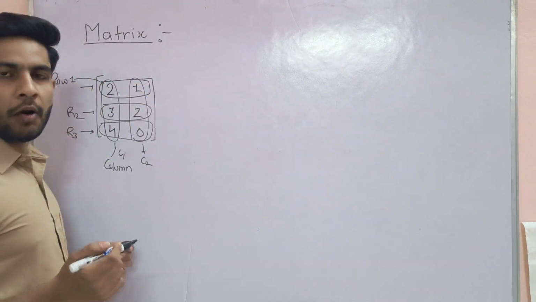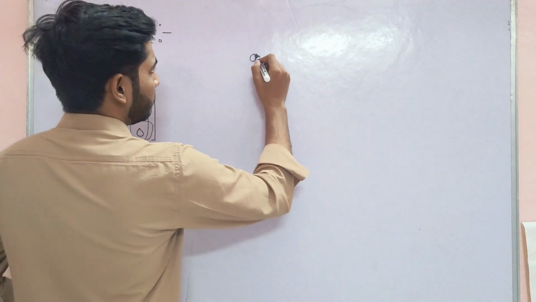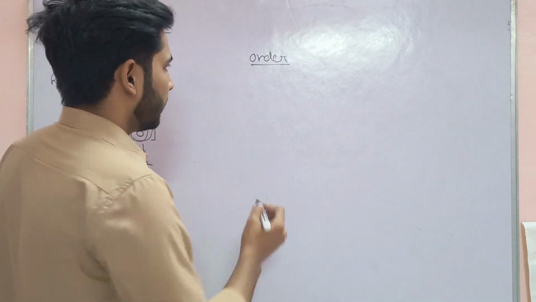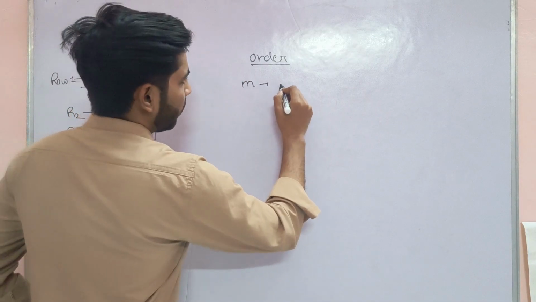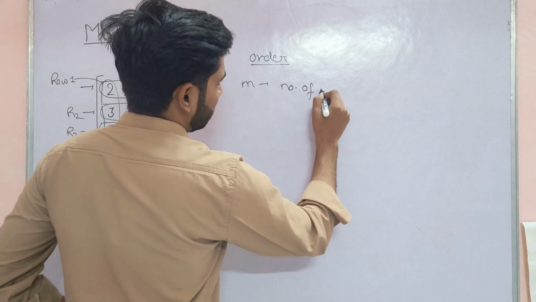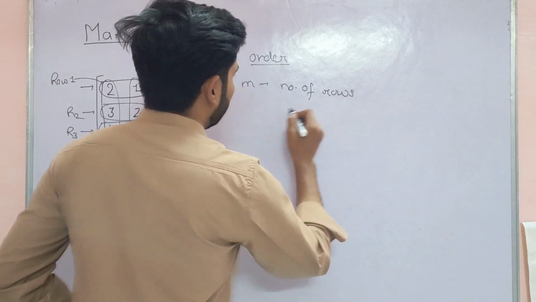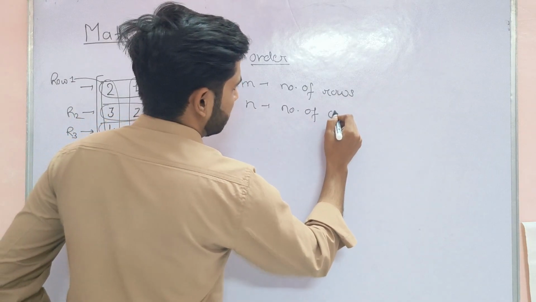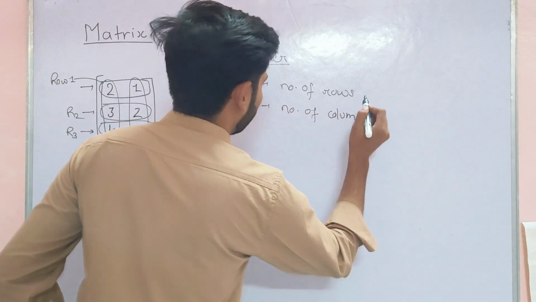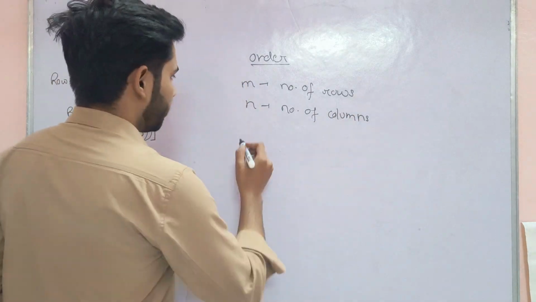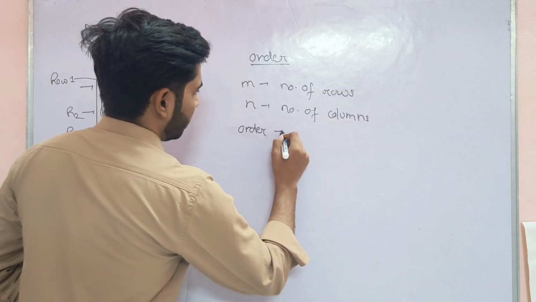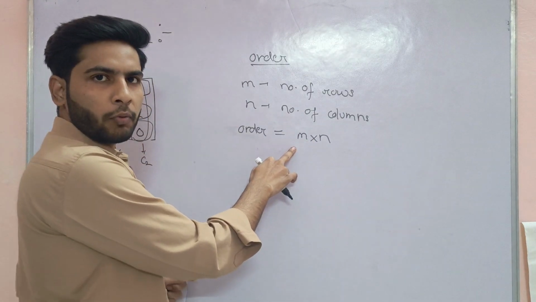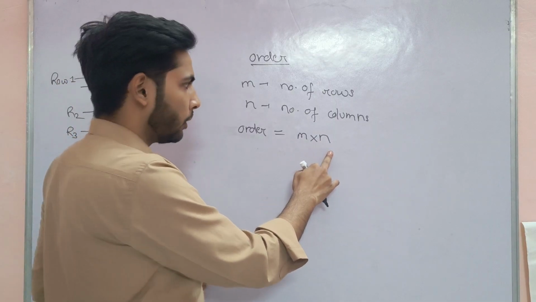So now we will see the order of a matrix. If in a matrix M denotes the number of rows and N denotes the number of columns, so the order of the matrix will be M cross N. Here M represents the number of rows and N represents the number of columns.